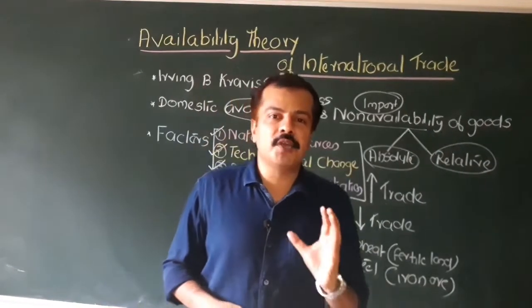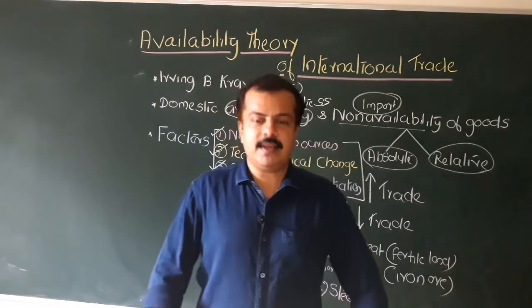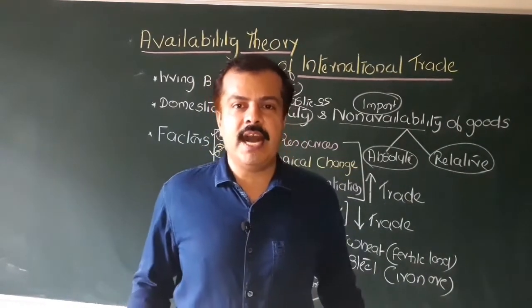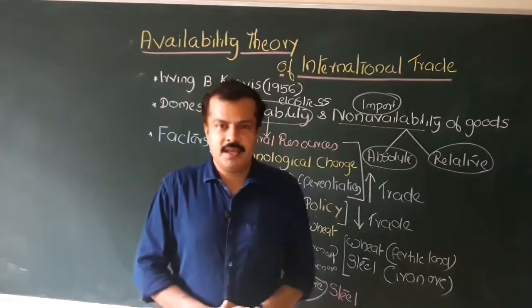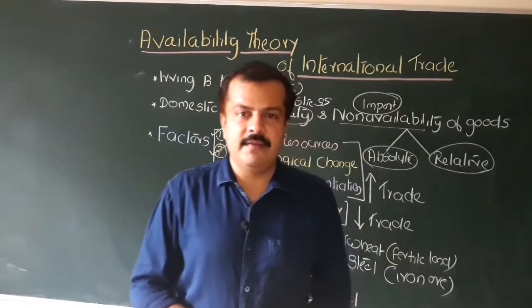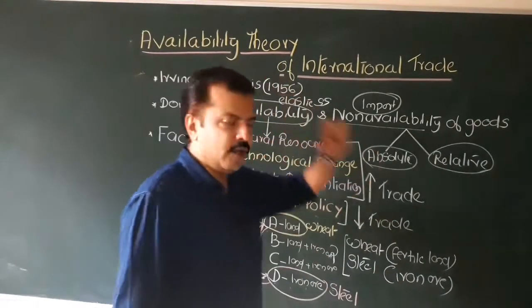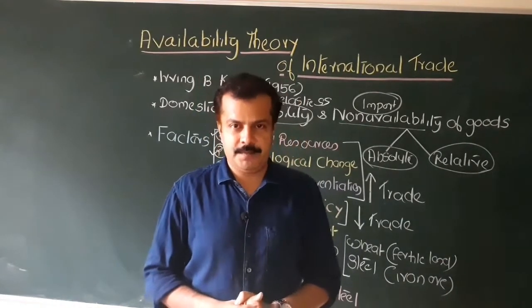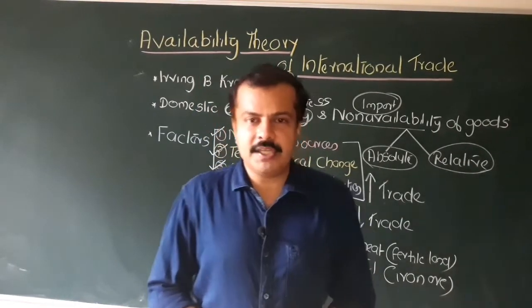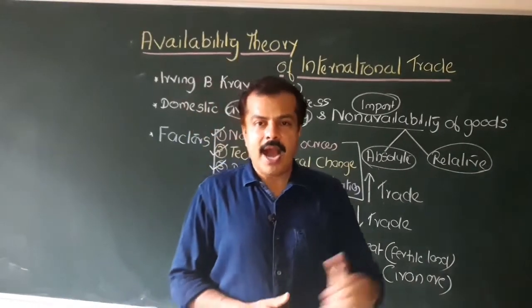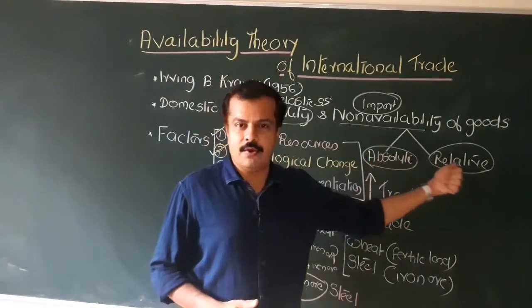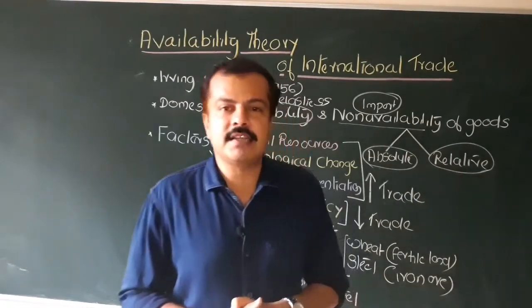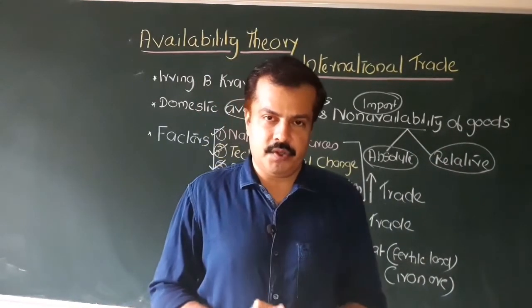So the central point of importance is whether goods are domestically available or not. If goods are domestically available or if the supply of goods is elastic, then the country will export those commodities. If commodities are unavailable either in an absolute sense or in a relative sense, the country will import those commodities.